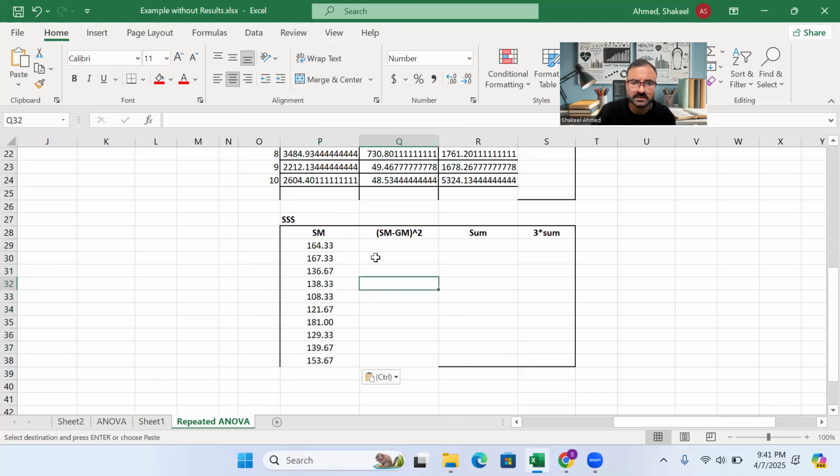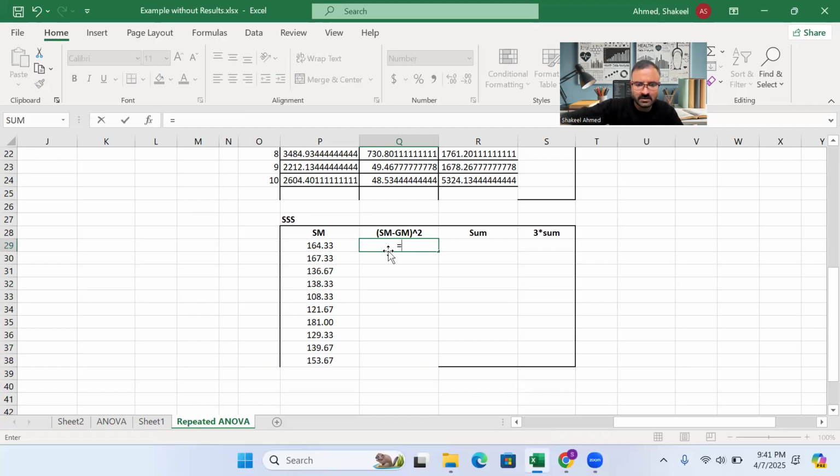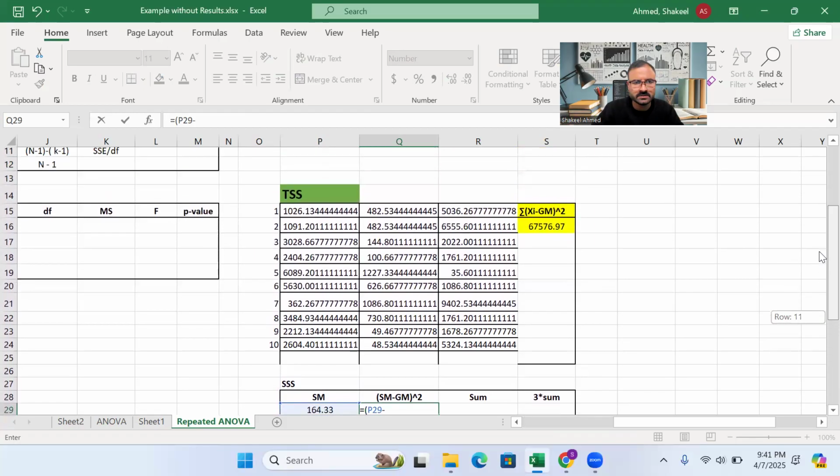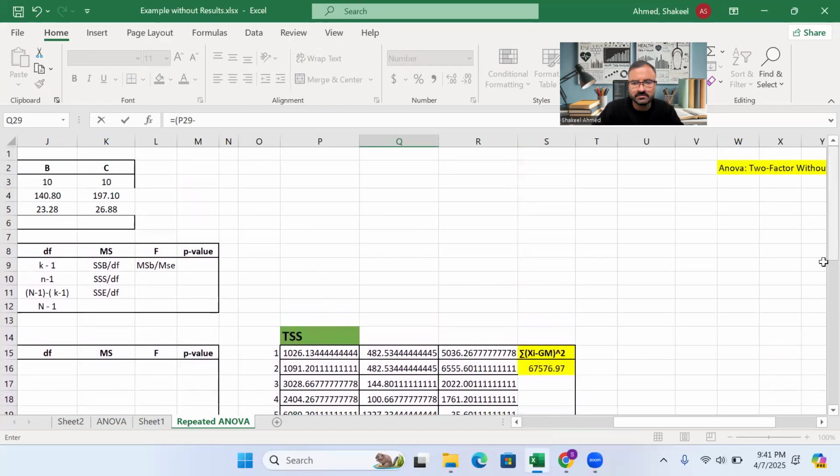These are the means, and you can just find the deviation from the mean. This minus the grand mean. Where is the grand mean?